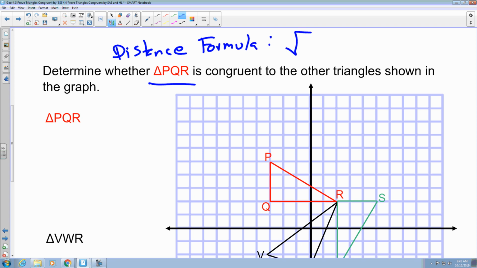That's x2 minus x1 quantity squared plus y2 minus y1 quantity squared.